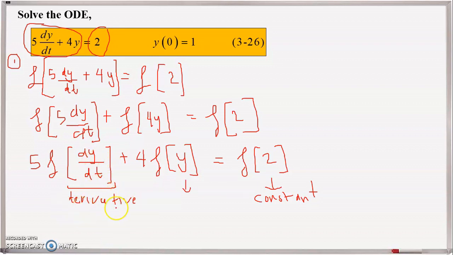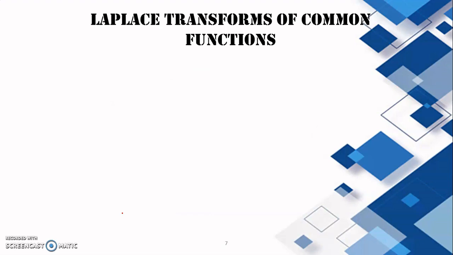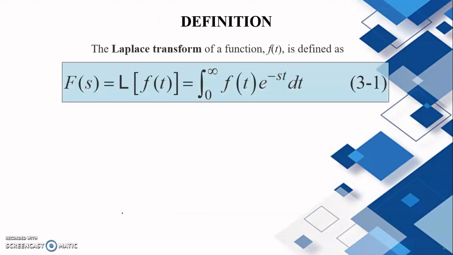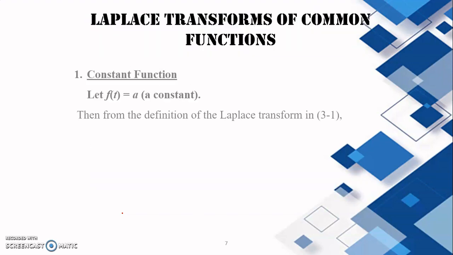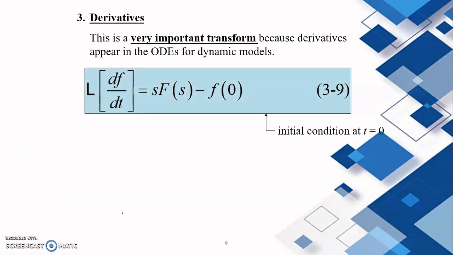For example, dy over dt is a derivative, so you can look again at the derivative. In order for you to write the derivative, the expression must look like this. So the Laplace transform of any derivative is equivalent to this expression. So you just follow.